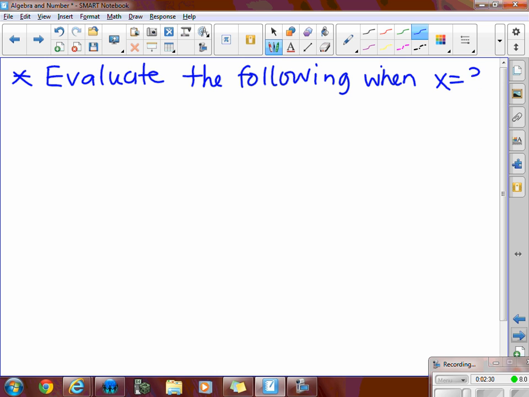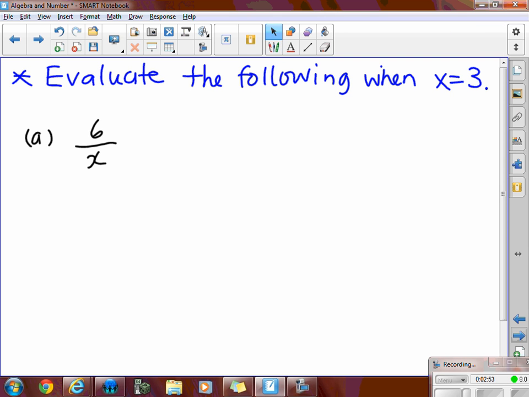This shouldn't be challenging, but it will be a review. So A, 6 over x. I have a polynomial in the numerator and a polynomial in the denominator. How would we solve this? It's simply 6 over 3, which is 2. Not challenging.